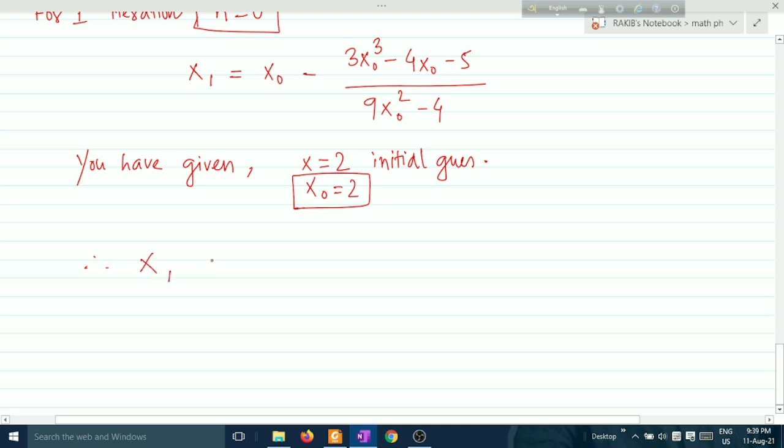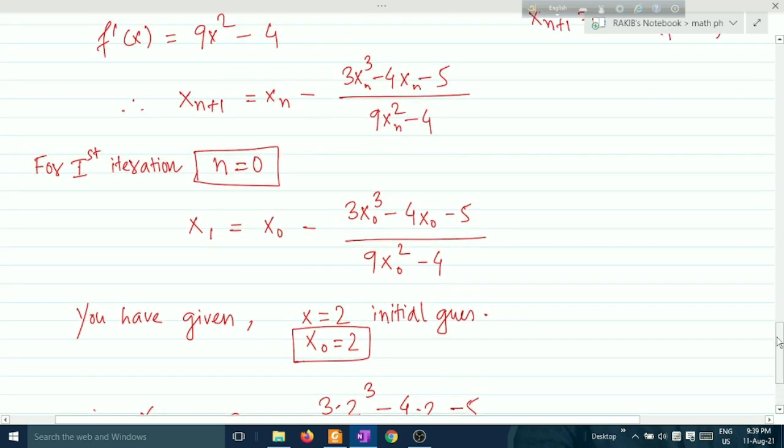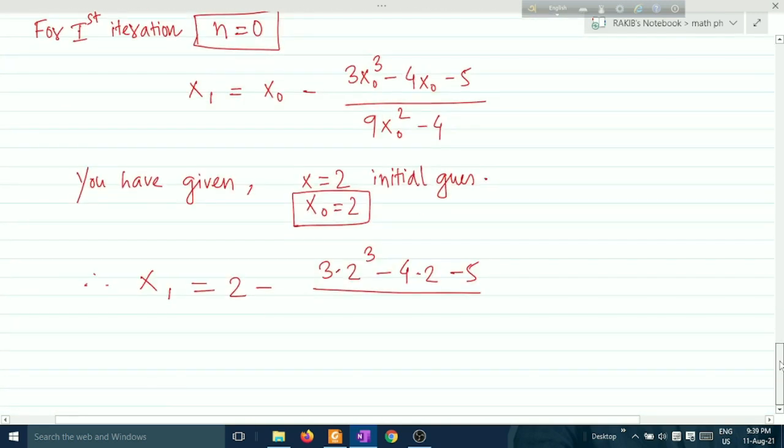Okay, x1 becomes 2 minus (3 into 2 cube minus 4 into 2 minus 5) over (9 into 2 square minus 4). What is the value of this? 2 minus (24 minus 13), and in the denominator 36 minus 4.